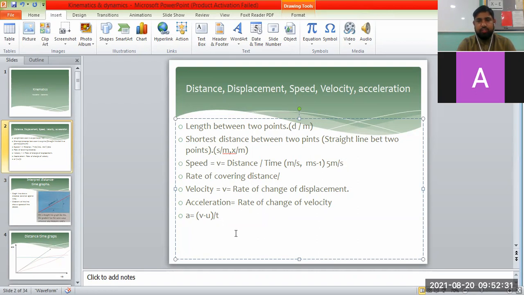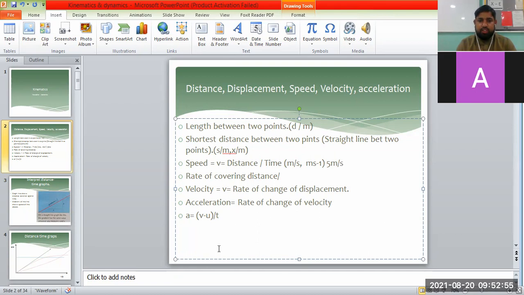So you can define it in your own wordings. The formula is a, which is the symbol for acceleration, equals v minus u upon t. v stands for final velocity, u stands for initial velocity, and t stands for time. So final velocity minus initial velocity upon time.